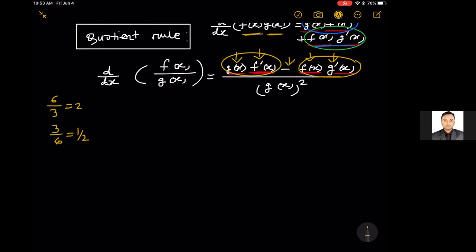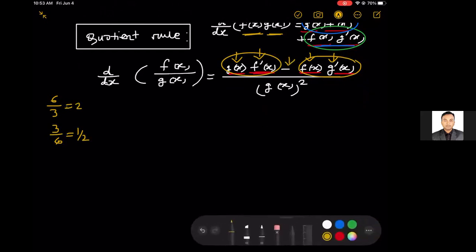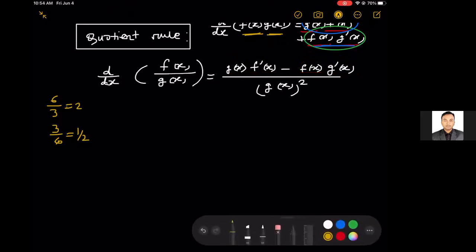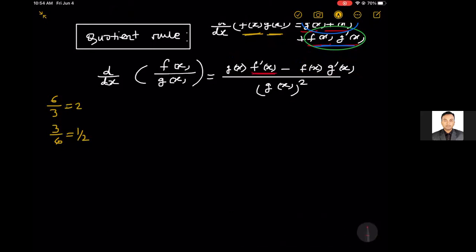So what you need to do is find the derivative of the numerator and keep the denominator, and then keep the numerator and find the derivative of the denominator.